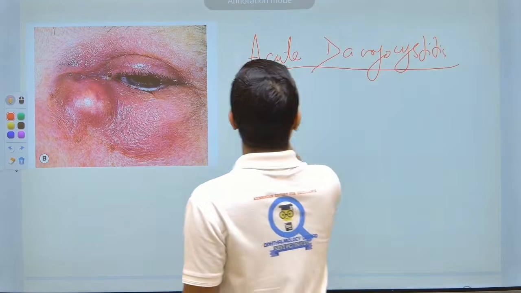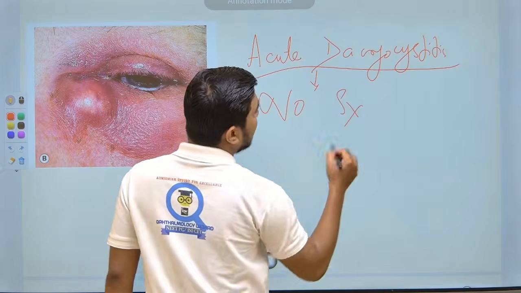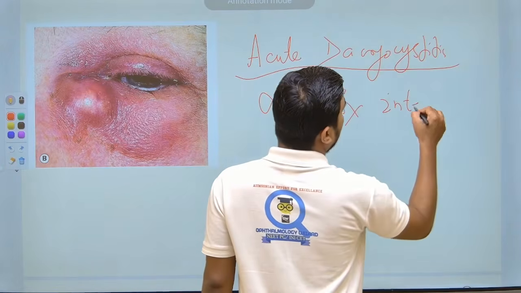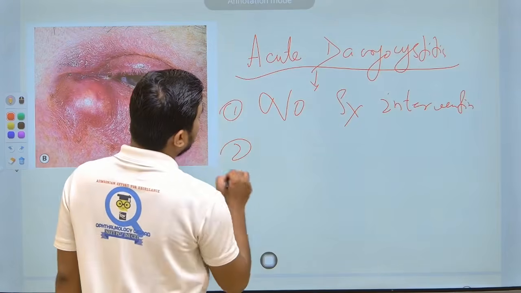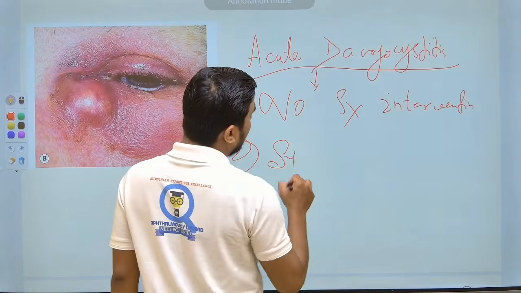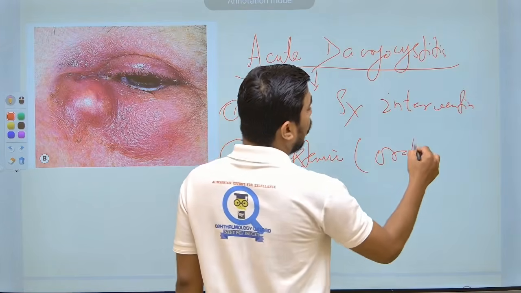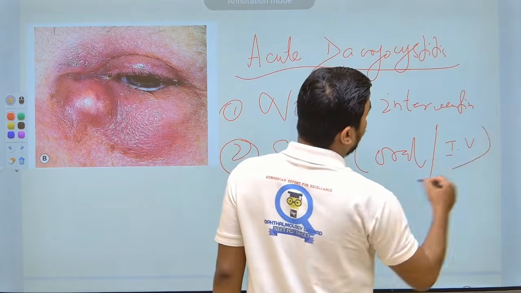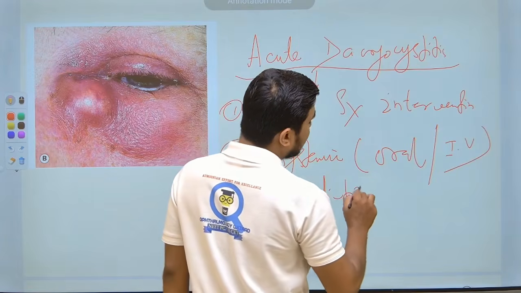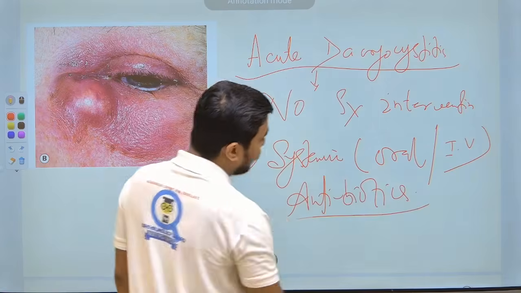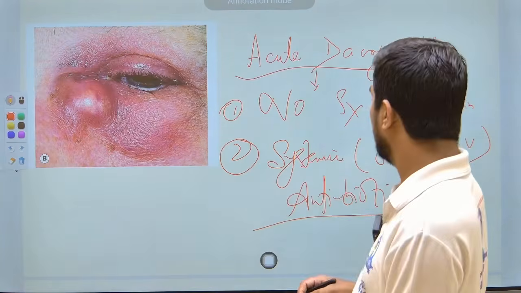Remember this, that this is an acute condition, so no surgical intervention. One, and second thing is that systemic, चाहे वो ओरल हो या आईवी हो, एंटीबायोटिक्स देना है. ओरल और आईवी एंटीबायोटिक्स. अंडरस्टूड?